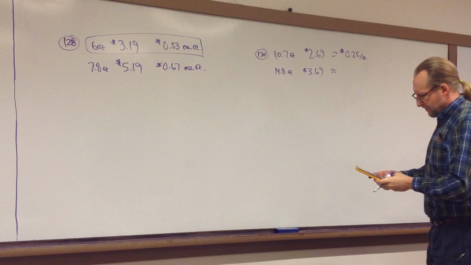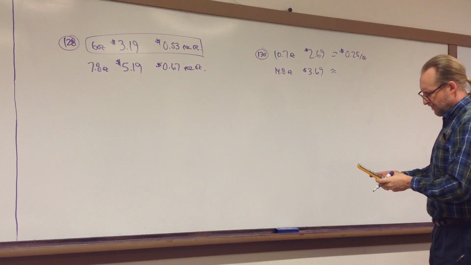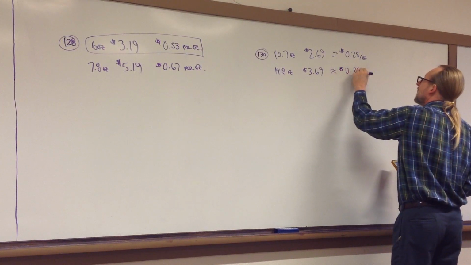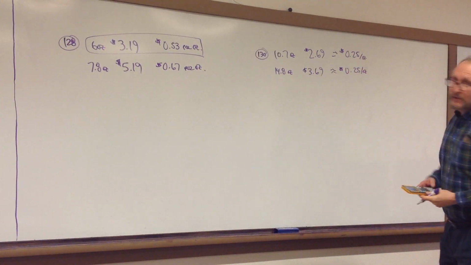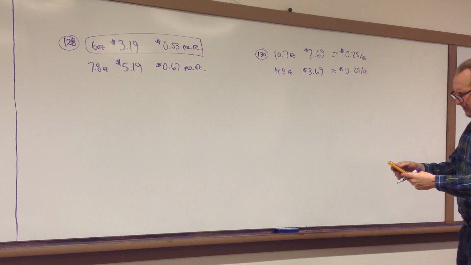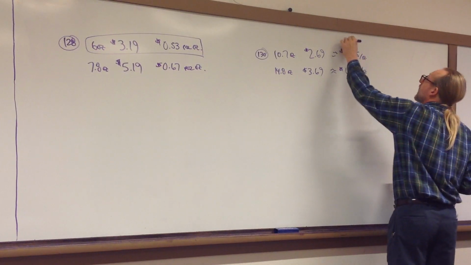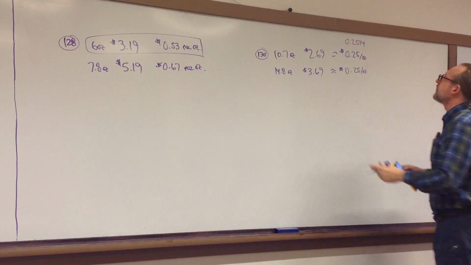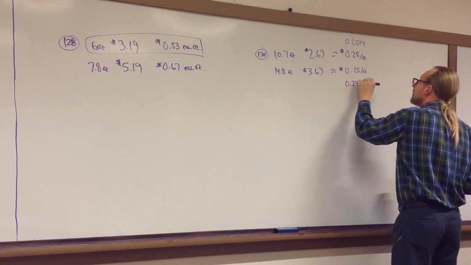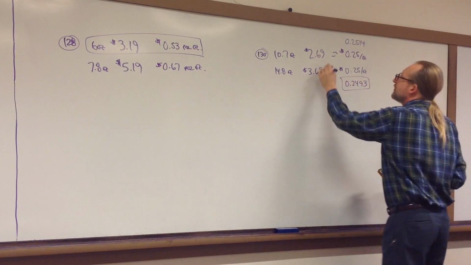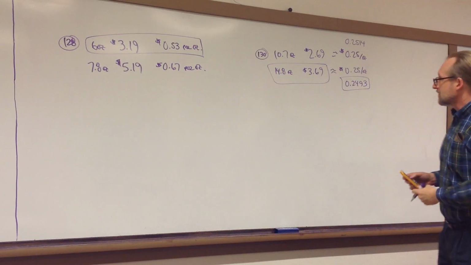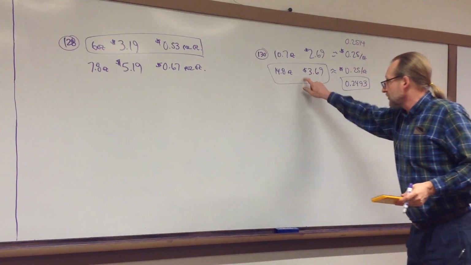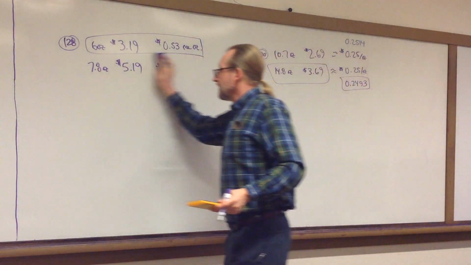And then this one, 3.69 divided by 14.8, also about 25 cents per ounce. Okay, so in this case, rounding to the nearest penny is not really all that helpful. So this one is 25.14, and then this one is 24.93. So this one is the better buy, but not by a whole lot. Okay, you're gonna save a little bit of money on this one, but it's really not that big a difference.